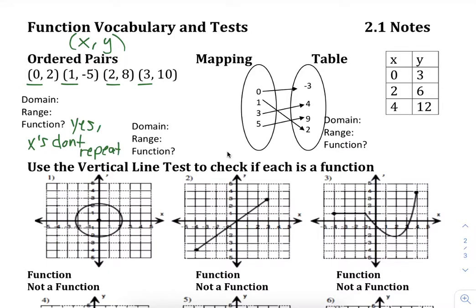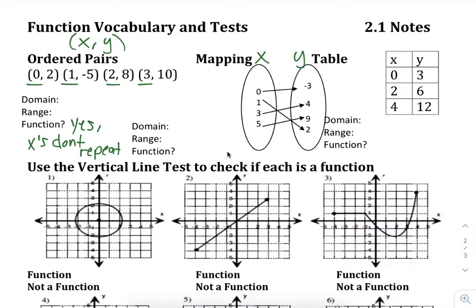All right. If we go to this next part, I'm looking at all of my mappings. Okay, so we're on the mappings one right now. When I look at a mapping, the first circle is my x's. The second circles are my y's. So when we're checking to see if it's a function, we're really just following the path, okay? So I see 0 has a -3 as his partner. 1 has a 2 as his partner. 3 has a 4.